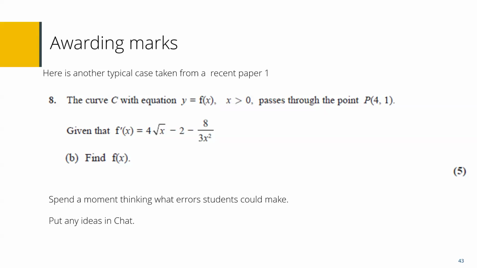Yep, forgetting the plus C after an integration. So that's a common issue there that even the principal examiner's report mentions. Any other ones that you think? Moving the 3 up together with the x squared.